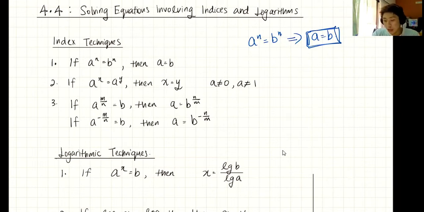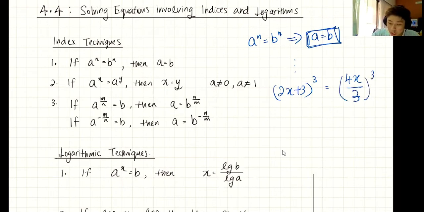So for example, you might work out to the end, then you have a question like this. You have 2x plus 3 to the power of 3 is equals to 4x over 3 to the power of 3. You realize that it appears in a form where both of these two powers are the same.